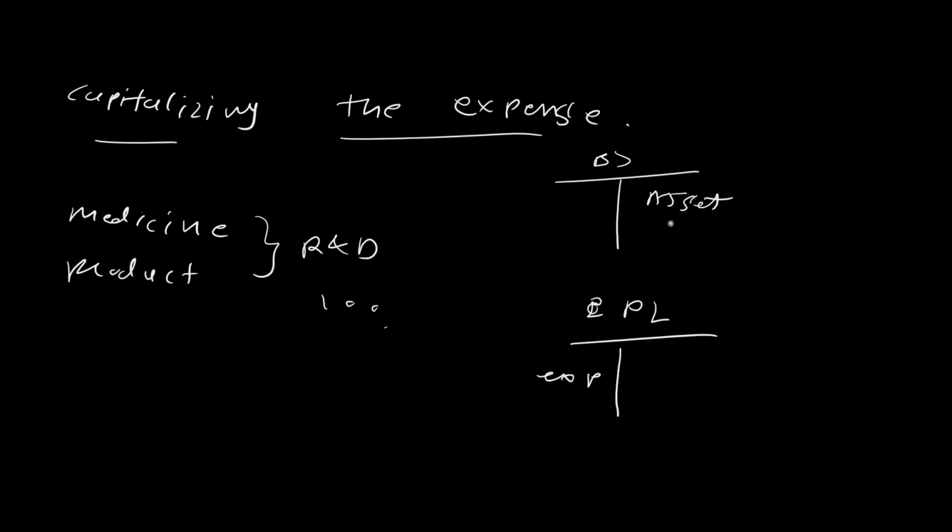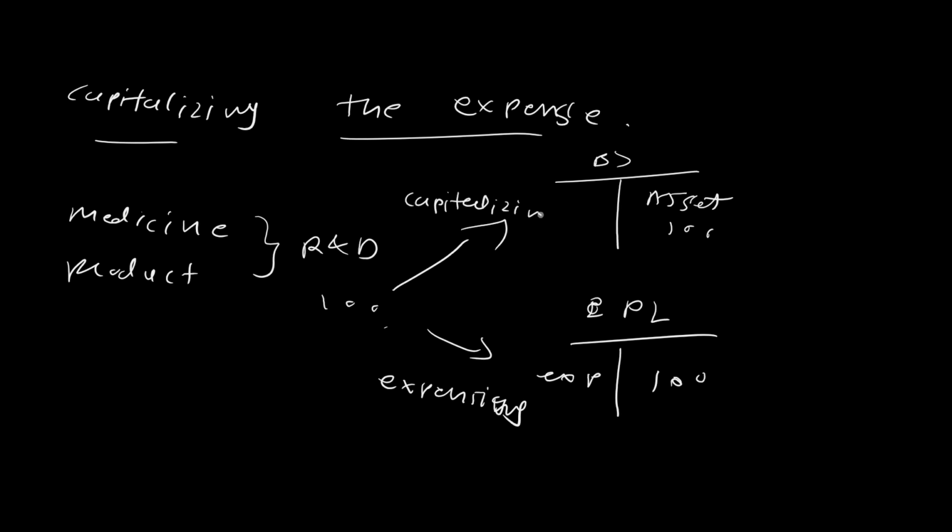For example, 100. If you show it here, this is capitalizing and this is expensing. Capitalizing means you will get benefit of these costs in the future period, and expensing means you do not get benefit of this expense in the future.